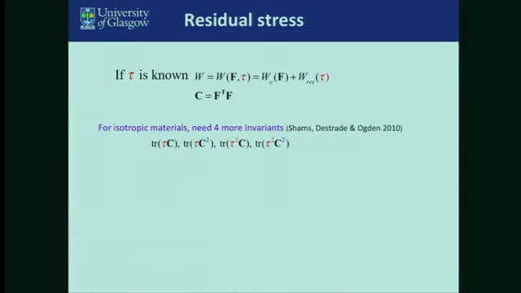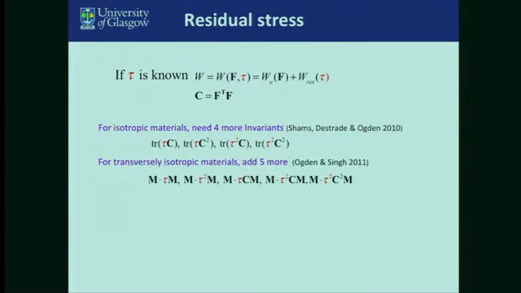And this work is done by Ray and his colleagues. And for transversely isotropic materials, in addition to this, you need to consider M, tau, M, and all that. And so you need 5 more. So you have 9 invariants. And this work is also done. It's a lot of iterations, but theoretically it's done.